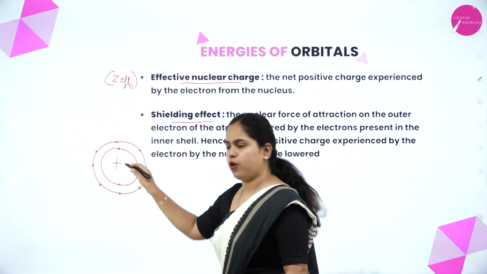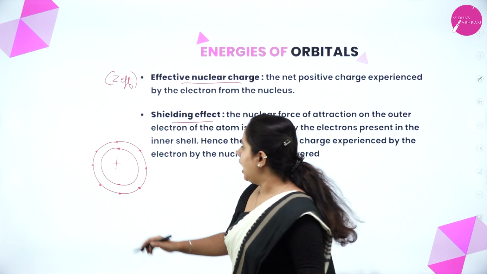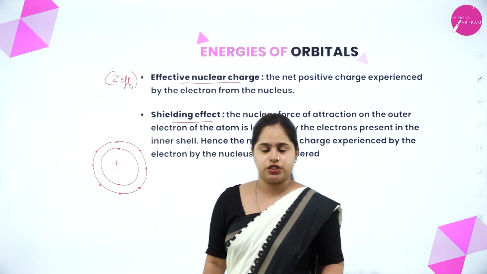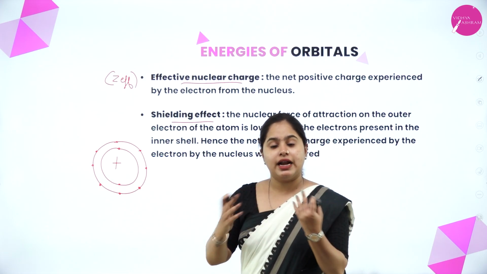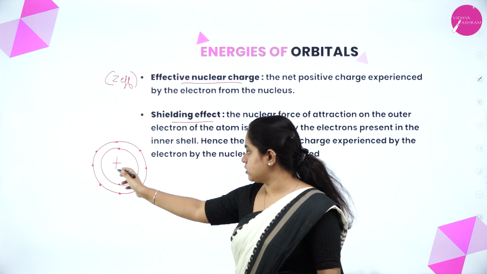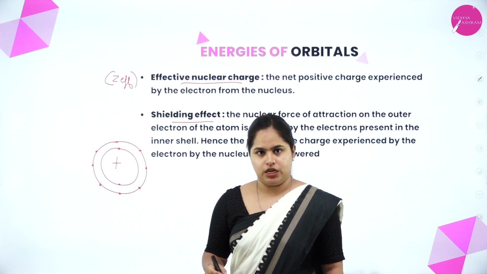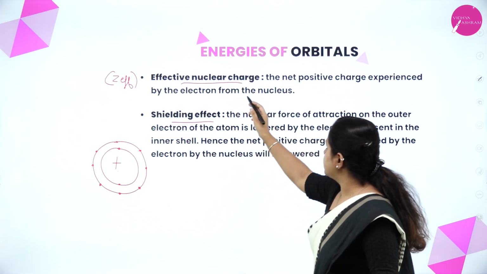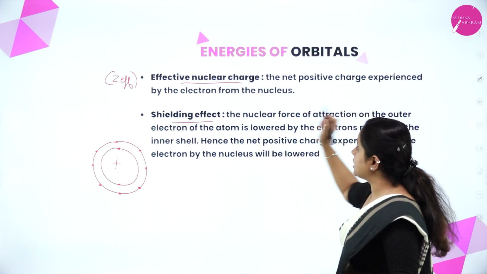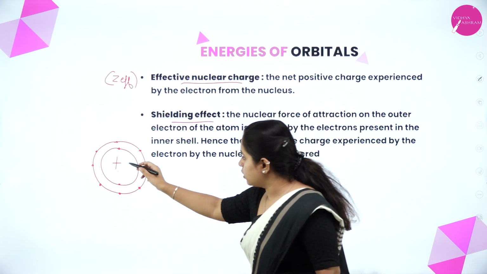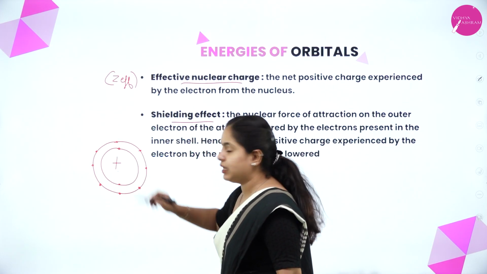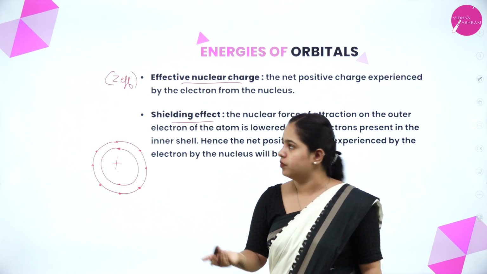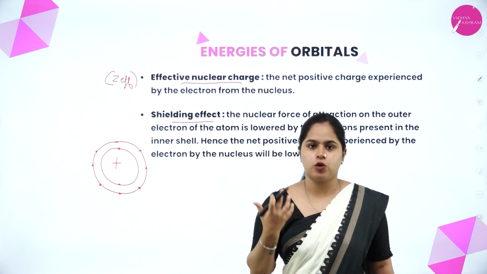We know that there is a positively charged nucleus in the center and the electrons are negatively charged. So of course there will be an attraction between each other, right? It is positively charged and negatively charged. The positive charge experienced by the electron, the attraction between them, is the effective nuclear charge.